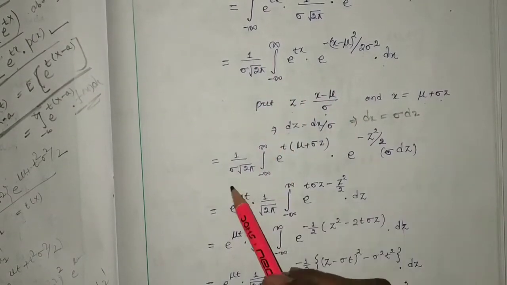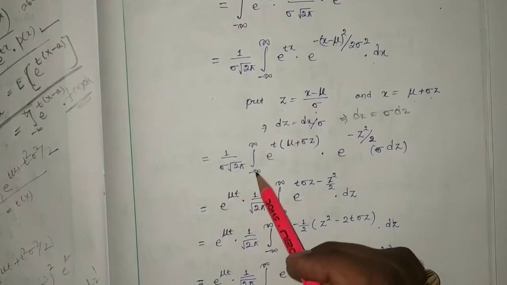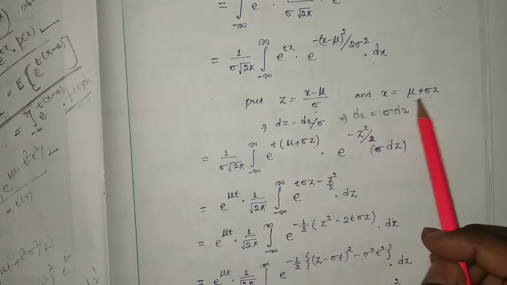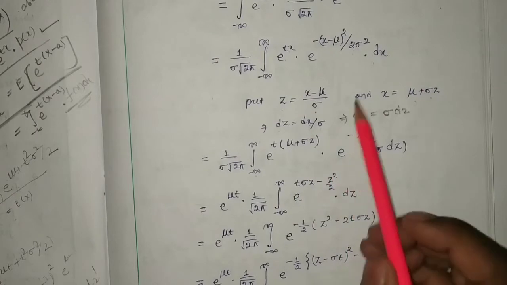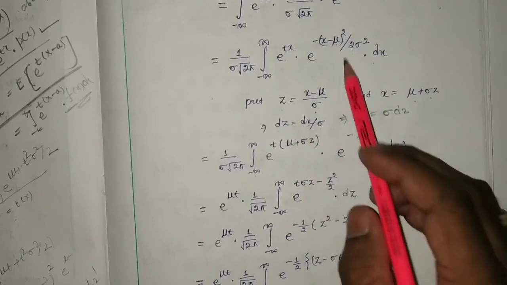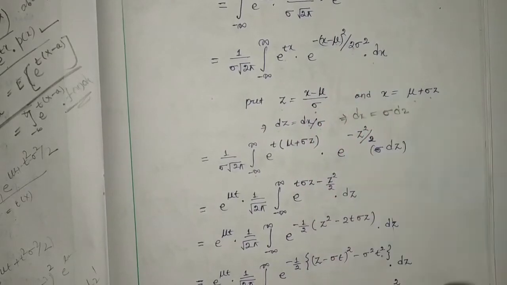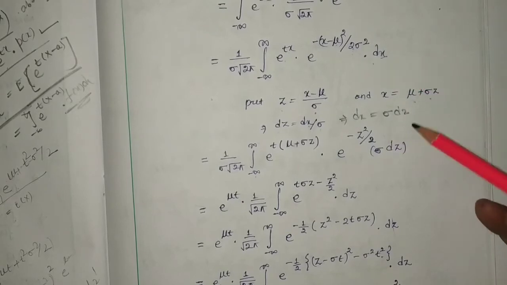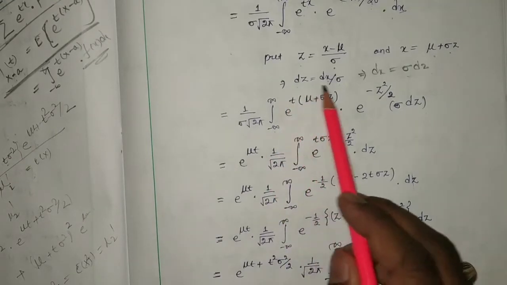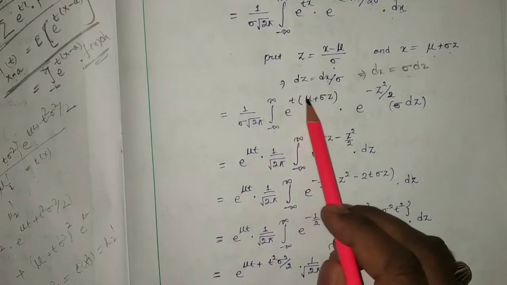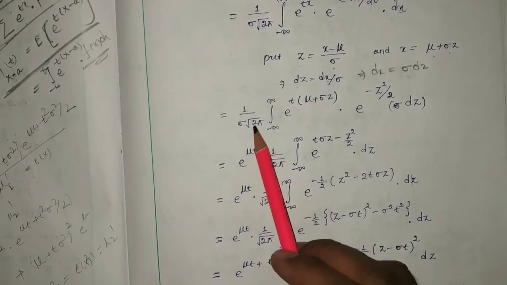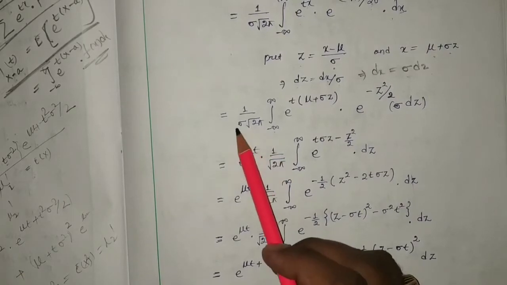So we have 1 by sigma root 2 pi, the integral from minus infinity to plus infinity of e to the power t into (mu plus sigma z), into e to the power minus z square by 2, since (x minus mu) by sigma is considered as z, and dx will be sigma dz. Here e to the power t mu is a constant taken outside, so e to the power mu t into 1 by root 2 pi, and this sigma got cancelled.